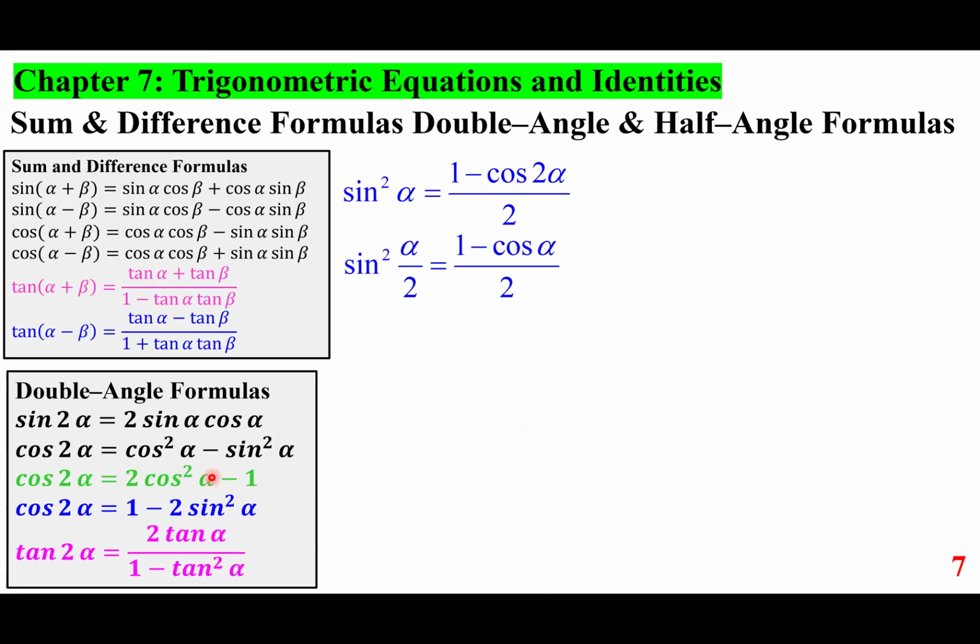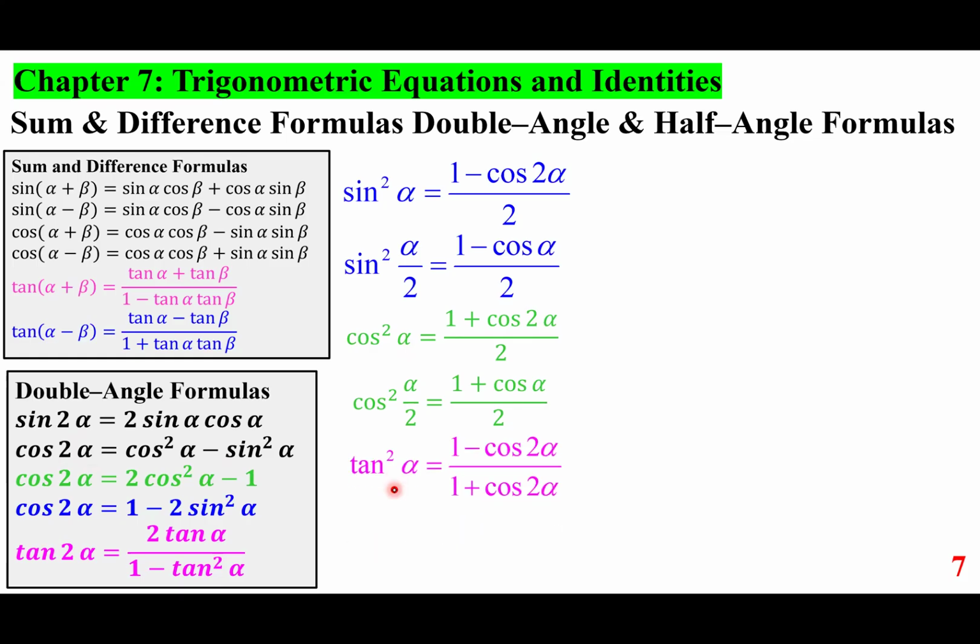This one, solve for cosine squared. Take this one to the other side and divide by 2: 1 plus cosine 2 alpha divided by 2. Now again, 2 alpha, if you replace it with x, then alpha is x over 2. So I will keep it as alpha over 2. What about tan squared? It is simply sine over cosine.